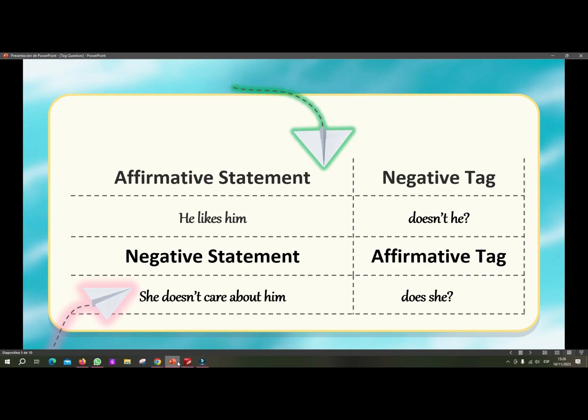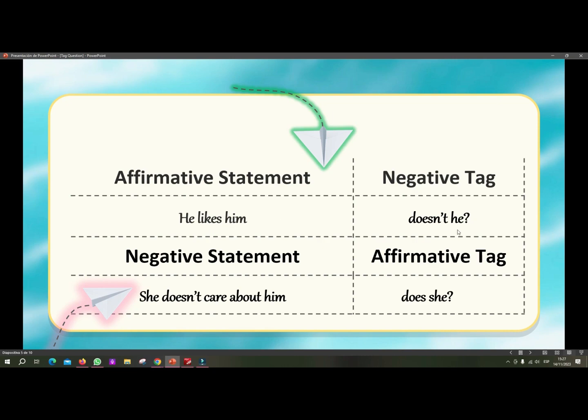Affirmative statement: he likes him, right? So, there you have the affirmative statement, he likes him. And in that case, the tag question is going to be negative. So, he likes him, doesn't he?